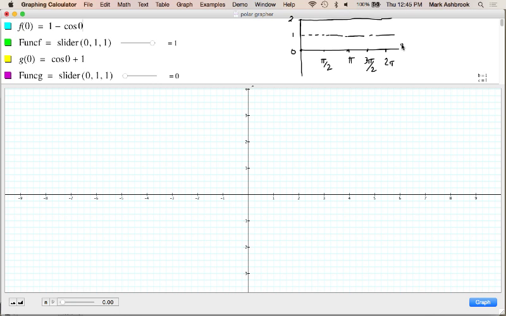But flipped upside down, so that's going to start at 0, and then head up to the midline, then up to the max, and then back down to the midline, and then like this.